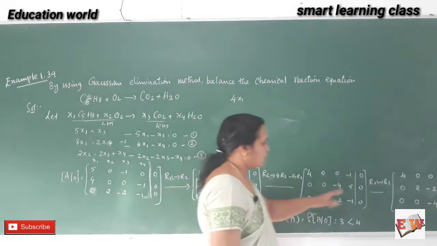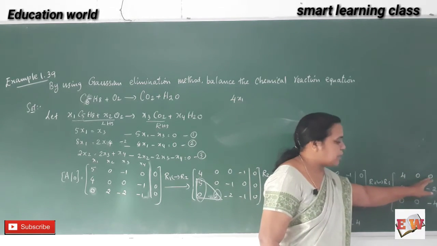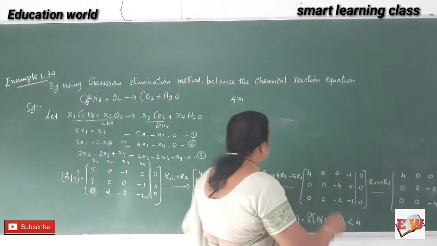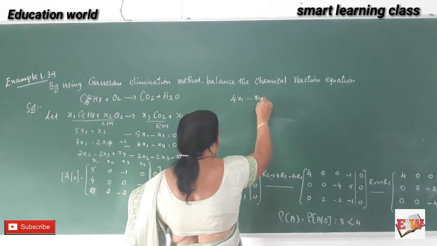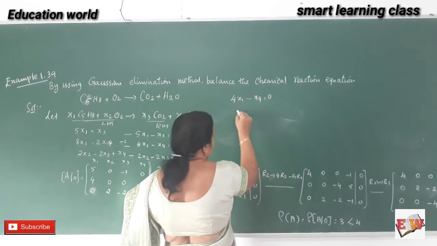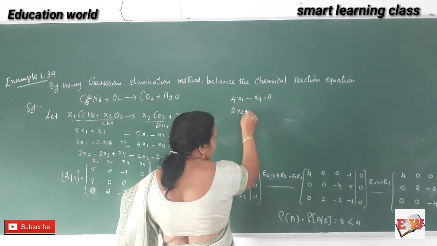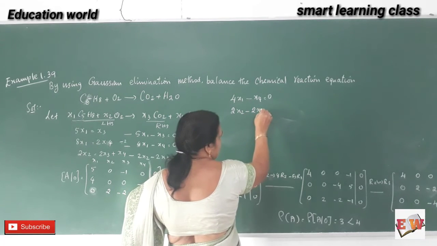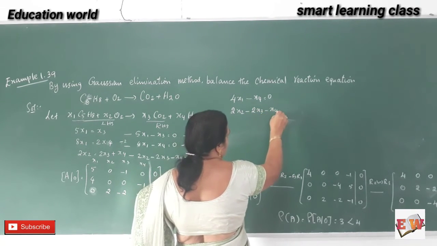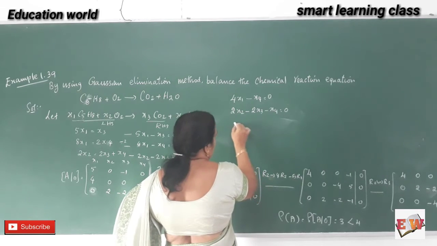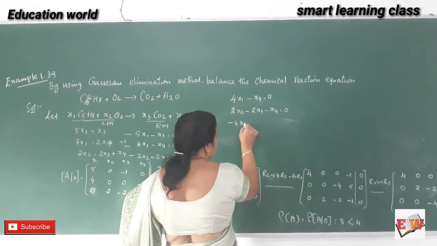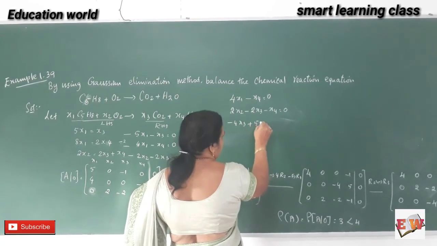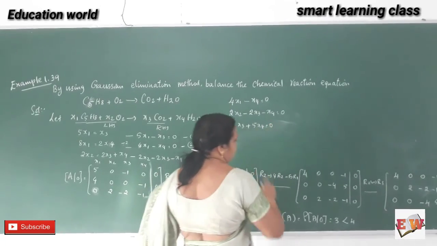For x1, x2 the value is 0, x3 is 0, minus x4 is equal to 0. 2x2 minus 2x3 minus x4 is equal to 0, minus 4x3 plus 5x4 equal to 0.